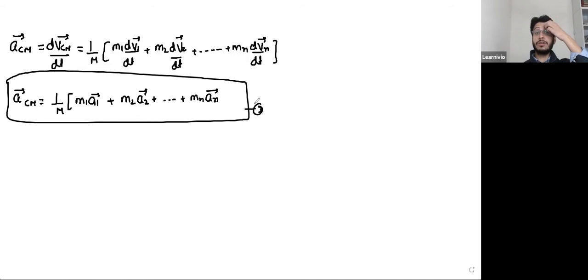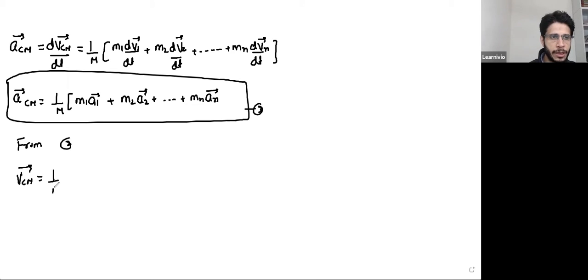You can as well calculate the momentum of center of mass. For momentum, you can use equation number 2, the expression of velocity of center of mass. This is 1 by M times m1v1 plus m2v2 and so on. Do you remember the expression of momentum?